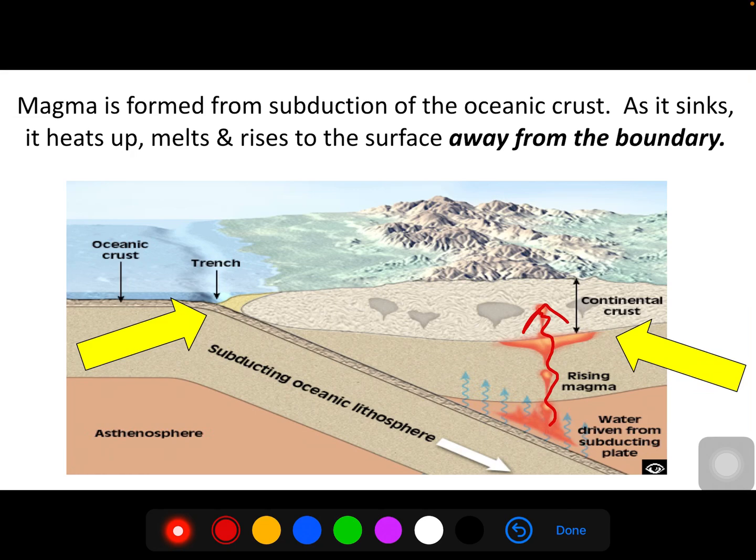You get a lot of carbon that gets pulled down into this area down here, and that creates a buildup of gases like carbon dioxide, and that pressure builds up, and it makes its way up through the crust into an explosive volcano. This happens away from the boundary. Here's our boundary right here. But notice that this goes underneath the boundary. And so these volcanoes actually pop up off the boundary, away from the boundary.